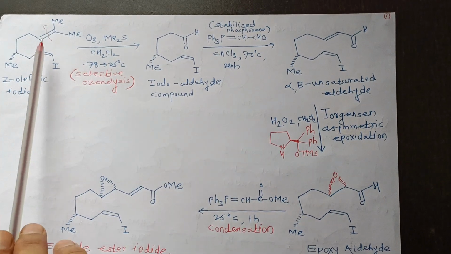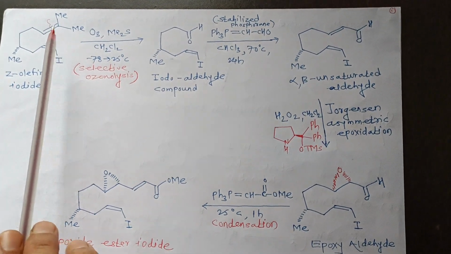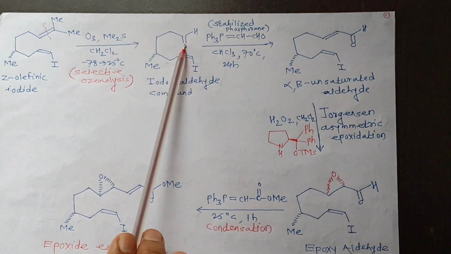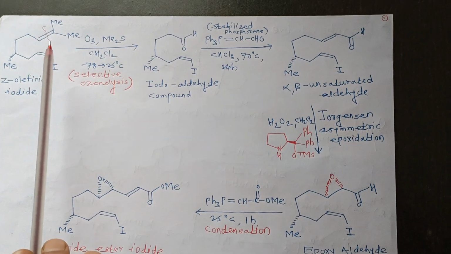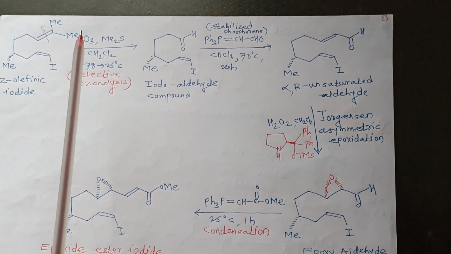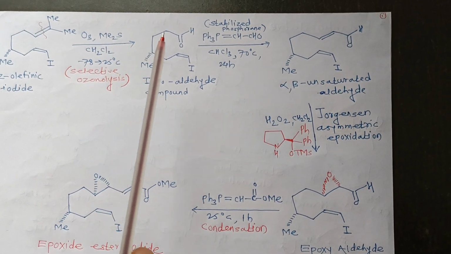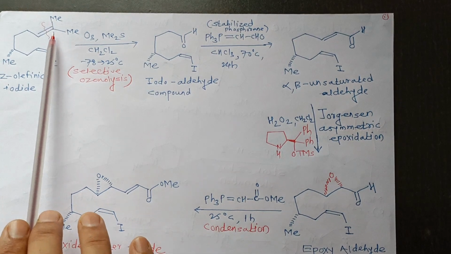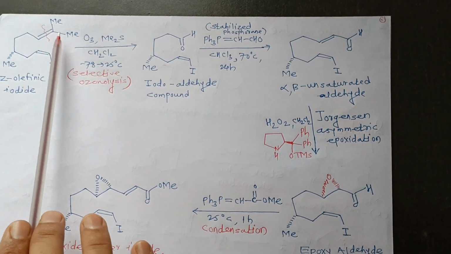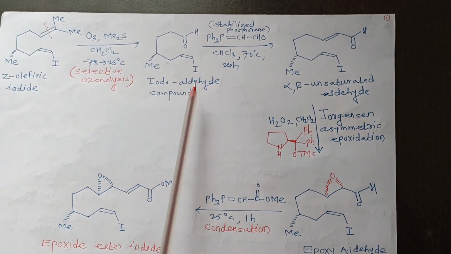Here that double bond undergoes selective ozonolysis and converts into the corresponding aldehyde. As we know, in ozonolysis the double bond undergoes cleavage, and there is formation of aldehyde and ketone or a mixture of aldehyde and ketone. So here we get the aldehyde, and the Me carbon Me will convert into the corresponding ketone. So this is the iodoaldehyde compound.